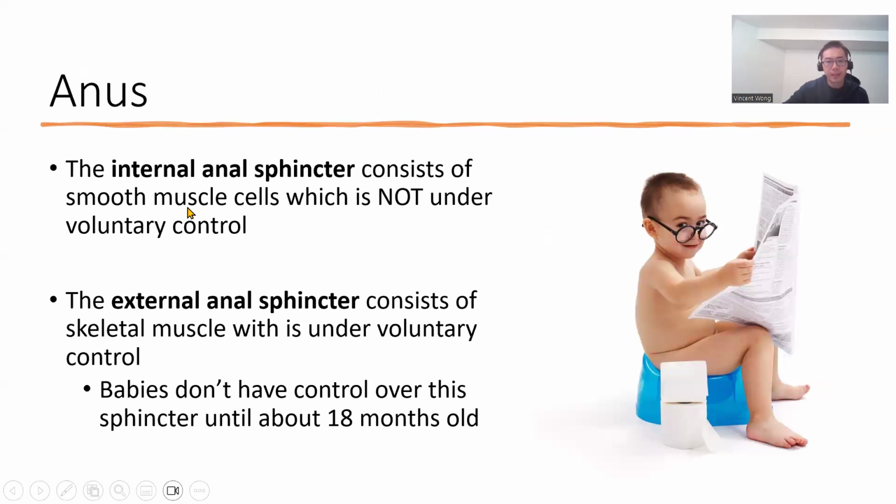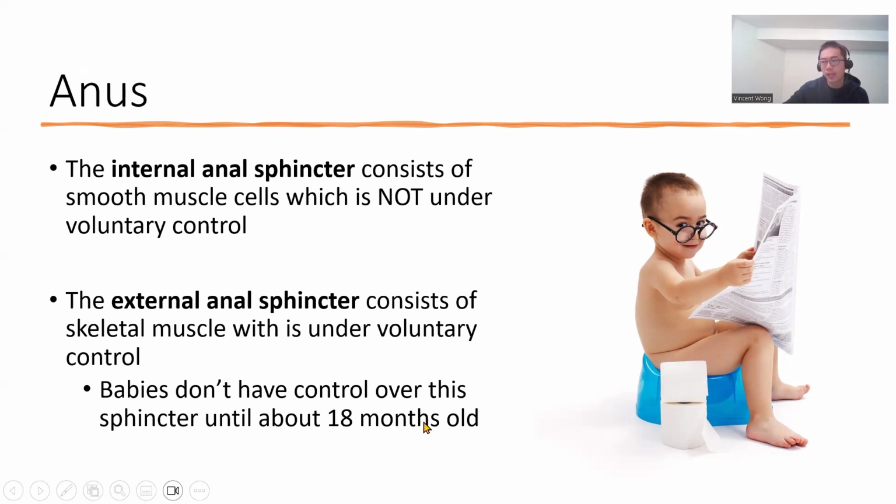And finally, there are two sphincters at the end, at the anus. There's the internal anal sphincter. This one is not under voluntary control. We cannot control that. The external one is the one that we can control. But the control doesn't actually come until about 18 months.